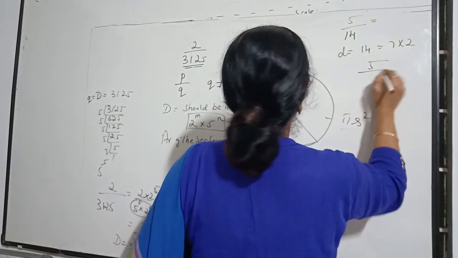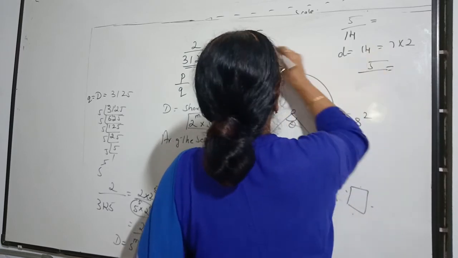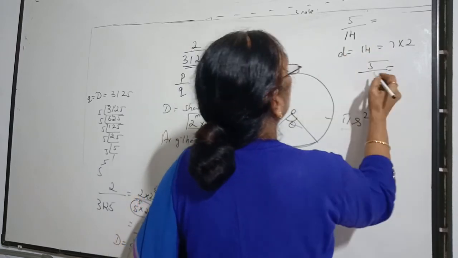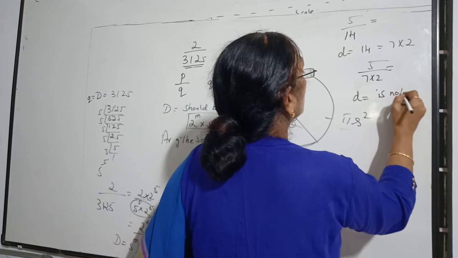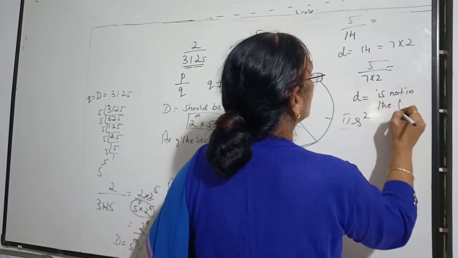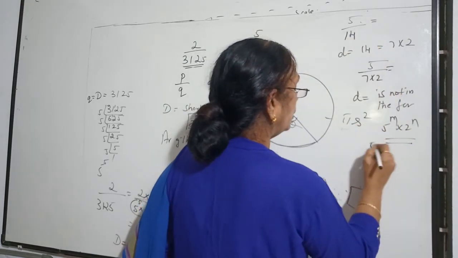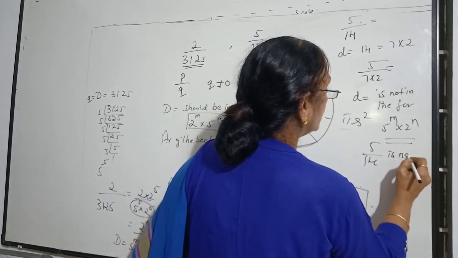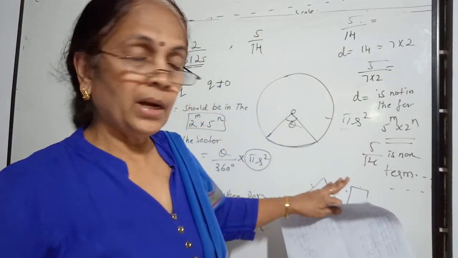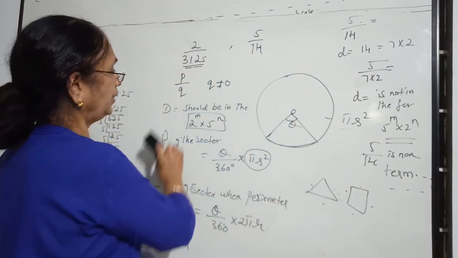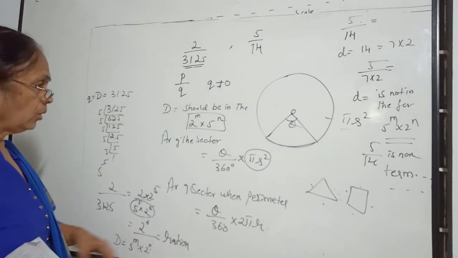Since the denominator is not in the form of 5 raised to m into 2 raised to n, therefore 5 by 14 is non-terminating, and you will get decimals which do not end at all. So this is without actual division. Again I am telling you the format is 5 raised to m into 2 raised to n.